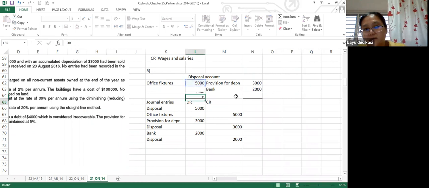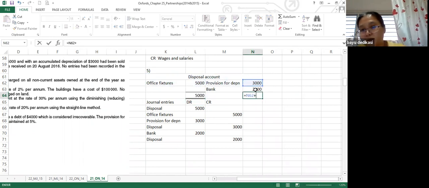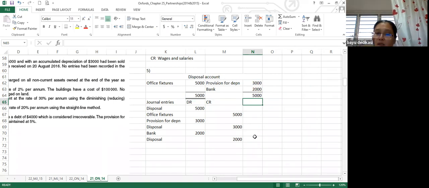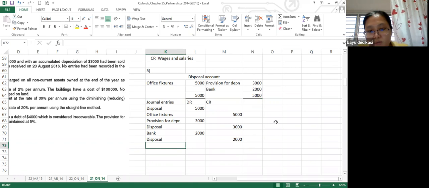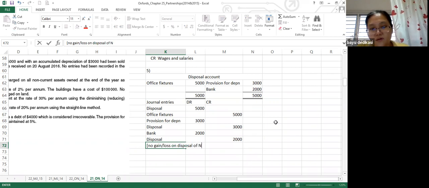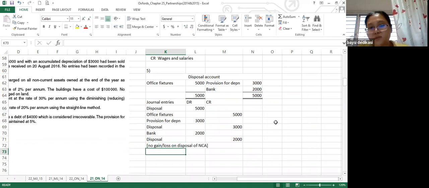Your debit and your credit have the same amount. So in this case, you don't have gain and also don't have loss. No gain or loss on disposal of non-current asset. So take notes for this one.